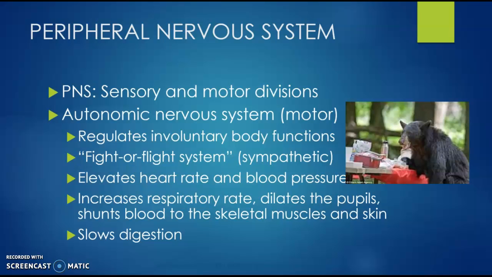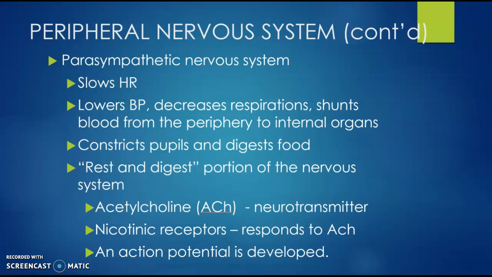The sympathetic part of that helps us respond to painful or frightening situations and sets our fight or flight system in place, in which our heart rate is elevated, our blood pressure goes up, respiratory rate goes up, and blood is really being shunted to the muscles and the skin to kind of take flight, if you will, and away from the internal organs. And so digestion is usually slowed during that process.